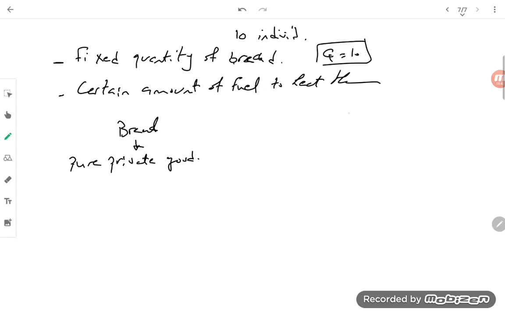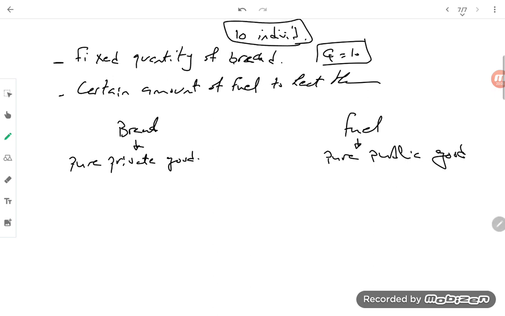While with respect to fuel, it's a pure public good, as we cannot exclude any one of the 10 individuals from getting the benefit of heating the room.